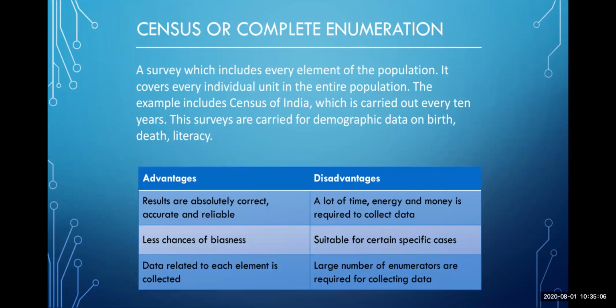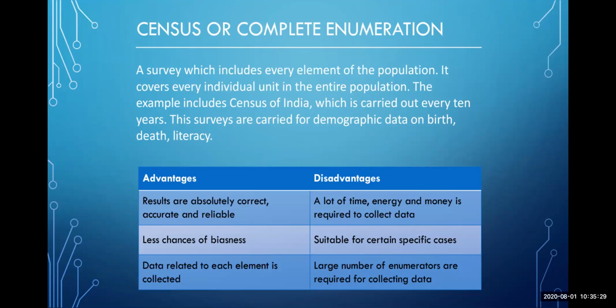That is called census. They do the calculation and collect statistical information from each and every house as to what the number of people living in that particular household is. So census will cover every element of the population and every individual unit in the entire population.